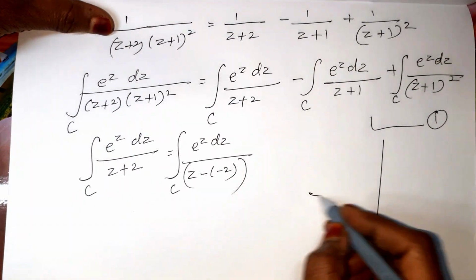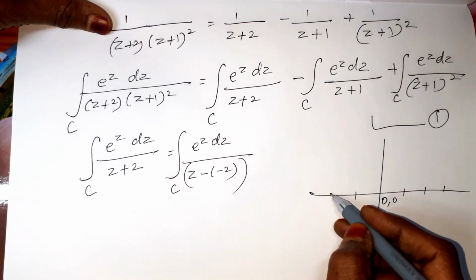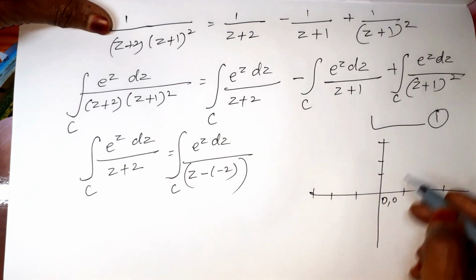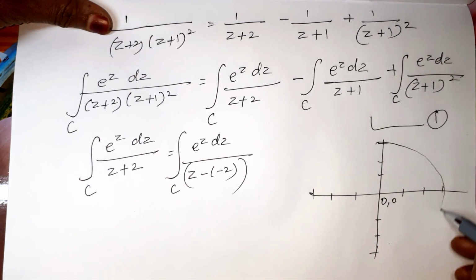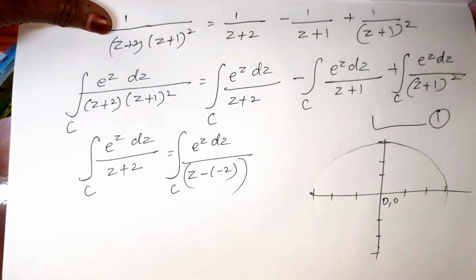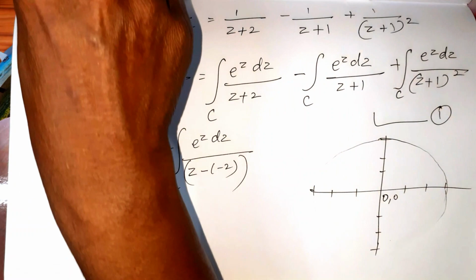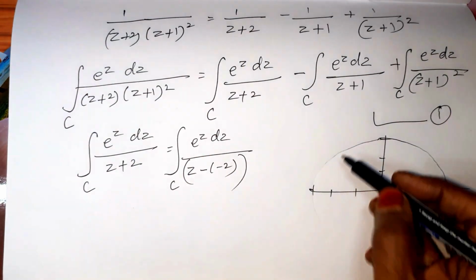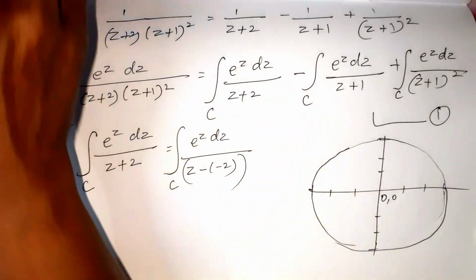So mod Z equal to 3 means with center (0, 0) and 3 units radius, we have to draw a circle, right? This is my circle.